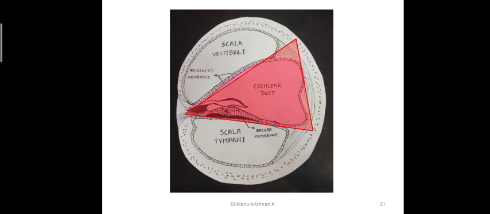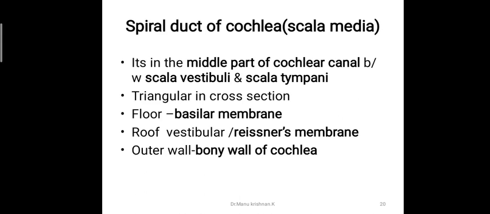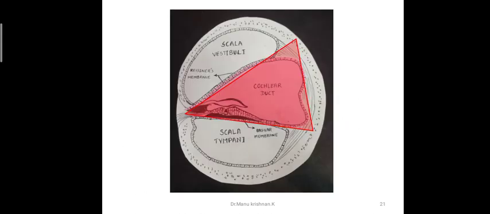So let's have a look into that. So here I have highlighted that particular area, that is the spiral duct of cochlea or scala media, with a red triangle. So this area, called the cochlear duct or the scala media, is triangular in cross section, and it is located between the scala vestibuli above and the scala tympani below.